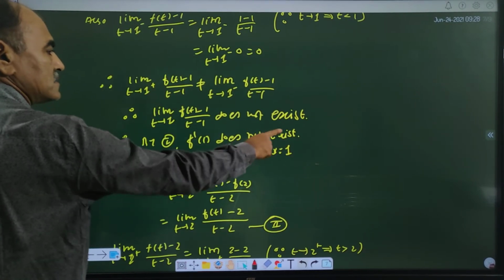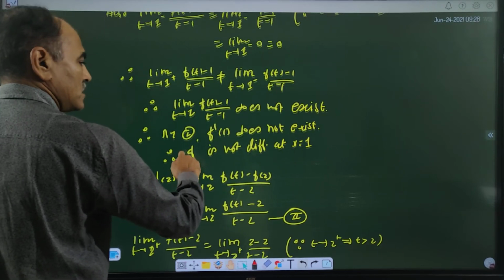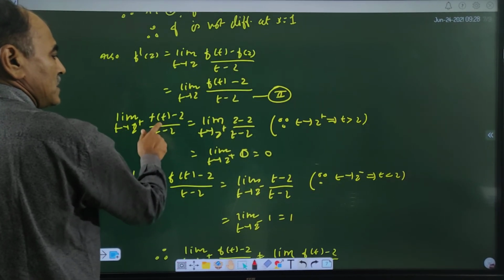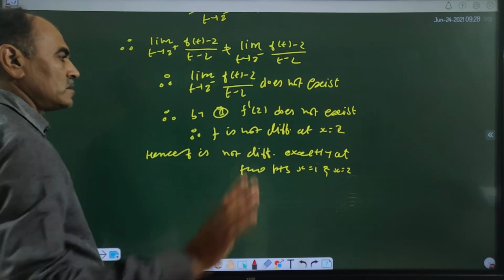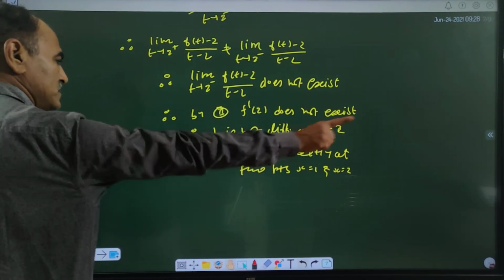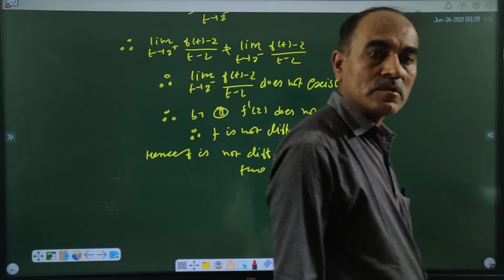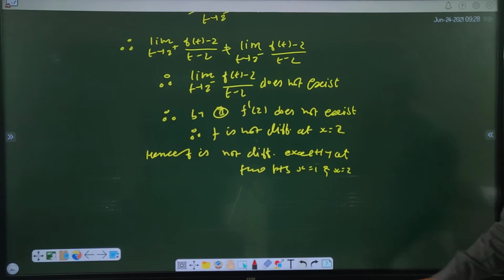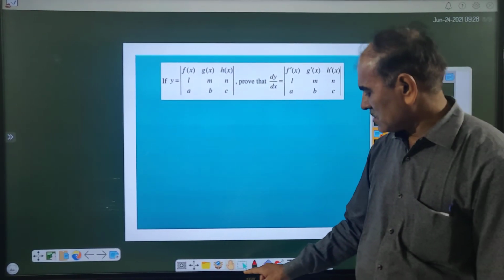So the limit does not exist, therefore f dash 1 will not exist, and therefore f is not differentiable. Same way it is not differentiable at 2. Other than 1 and 2 it is differentiable, hence f is not differentiable exactly at 2 points, x is equal to 1 and x is equal to 2. Okay? Next, a very simple problem.